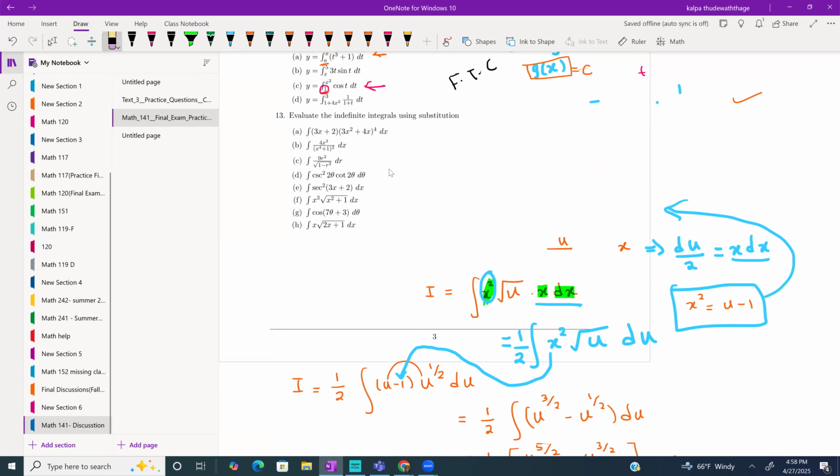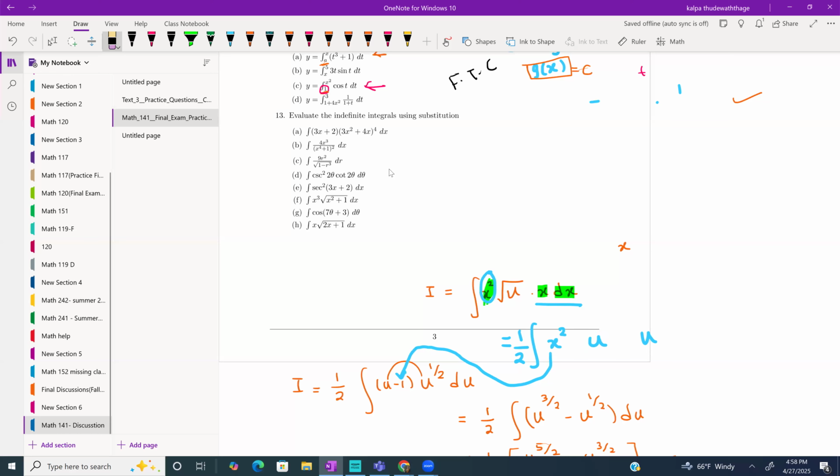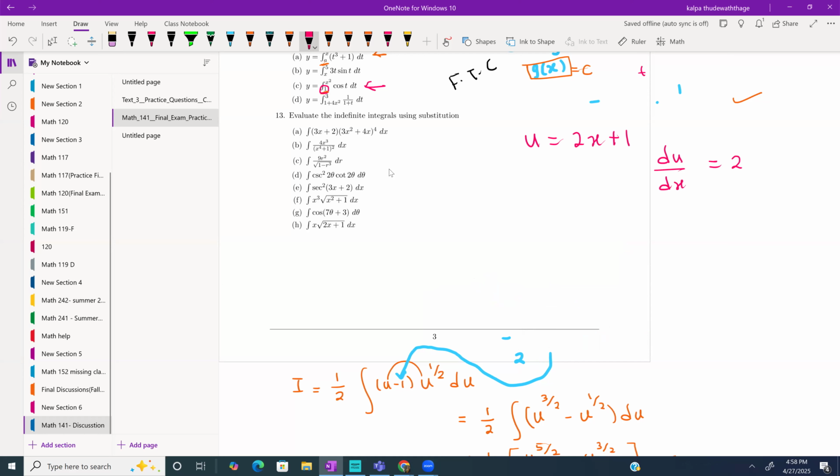For the last question, I can choose the same kind of substitution, like 2x plus 1. U is 2x plus 1. If I use that way, du over dx is 2. This means du over 2 is my dx. So I equals the square root of u, but I have x there.